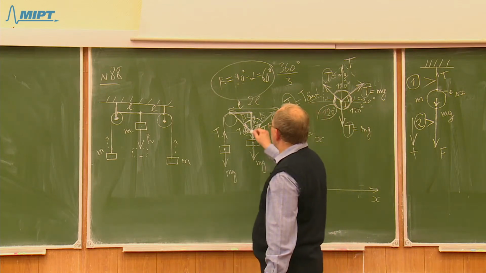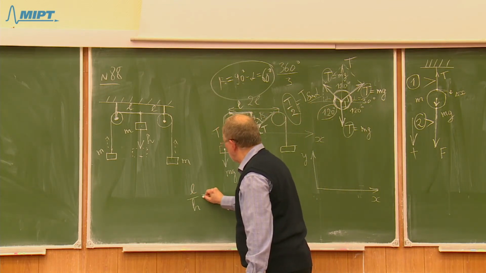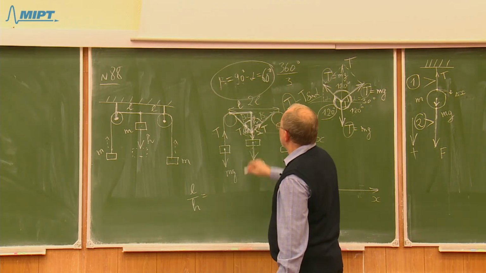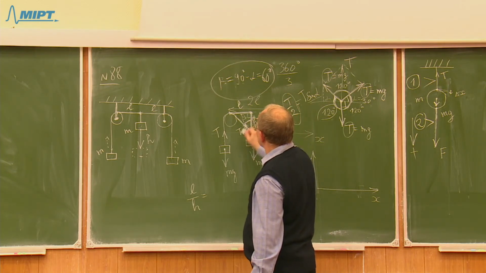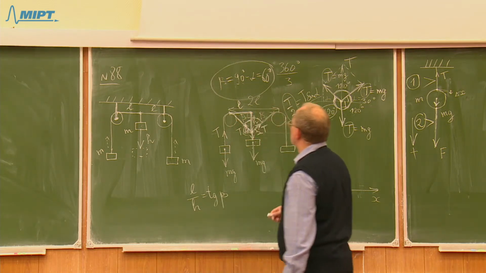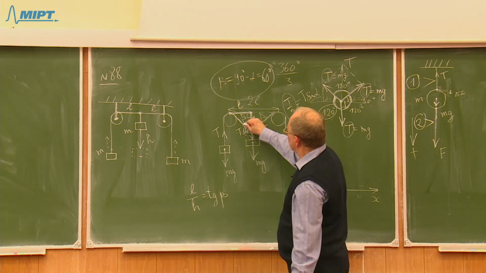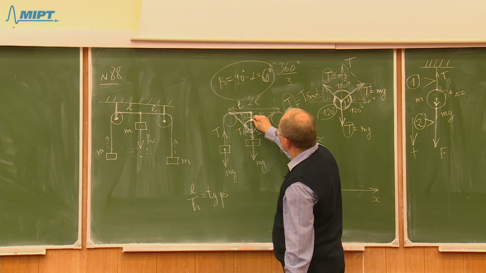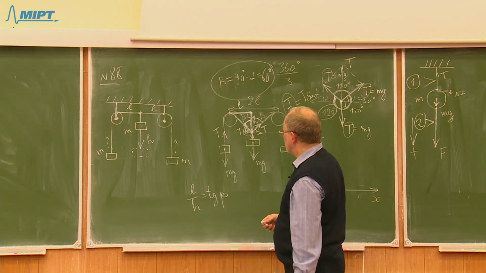this h, because L divided by h will be tangent of beta. This is angle beta, and the opposite leg divided by the adjacent leg to this angle beta is tangent beta.